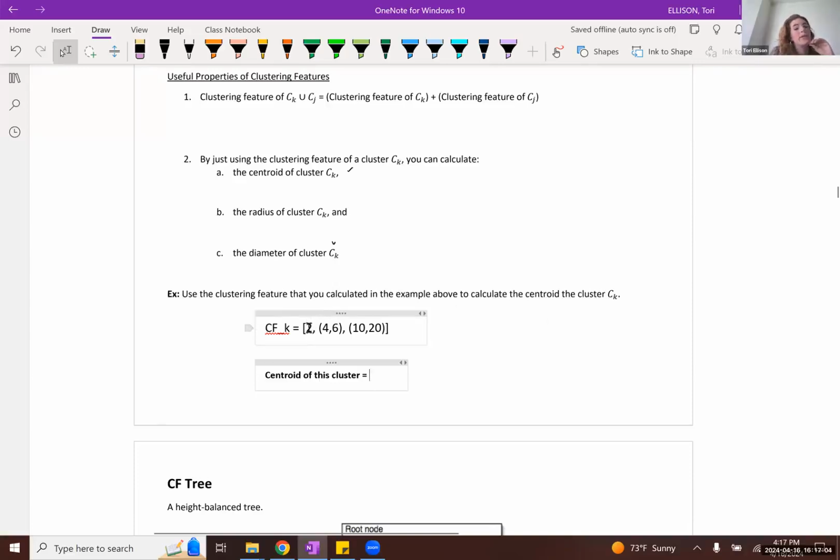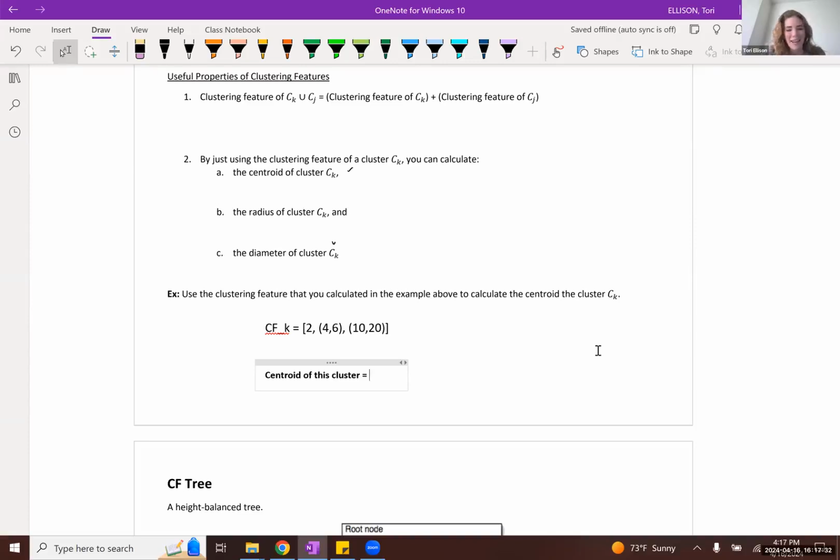So you want to remember, this is the number of observations in the cluster. This is the linear sum of the observations in the cluster, and this is the squared sum. Also, we want to think about how we just use algebra.